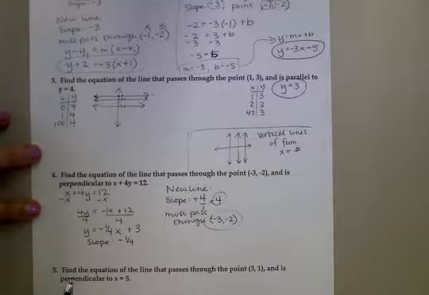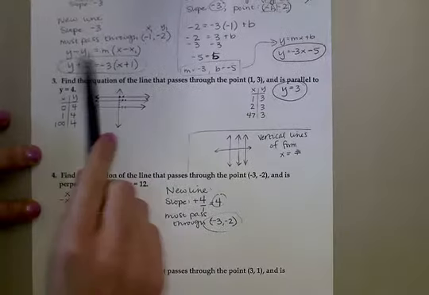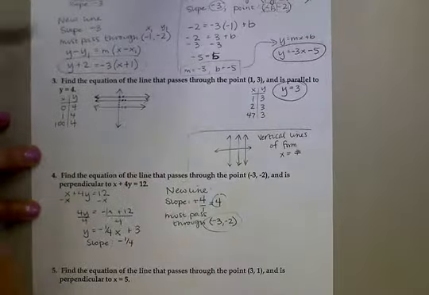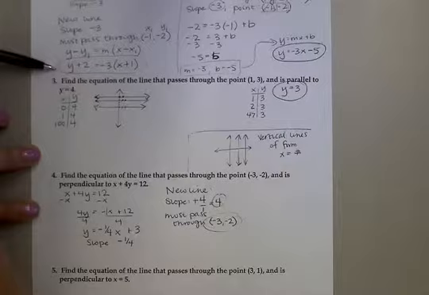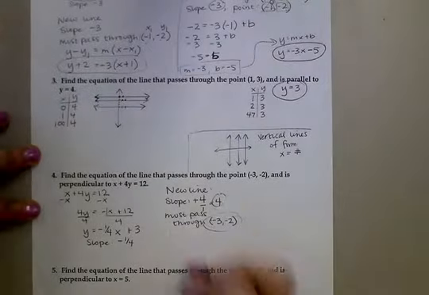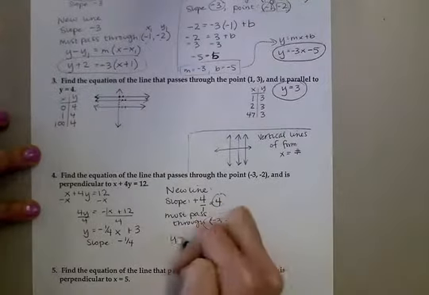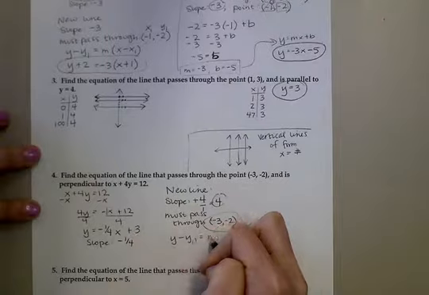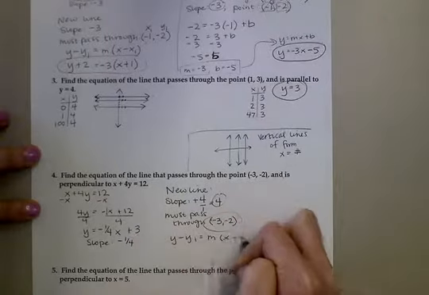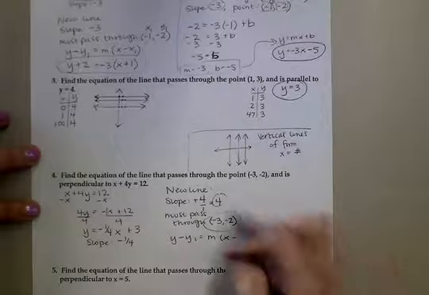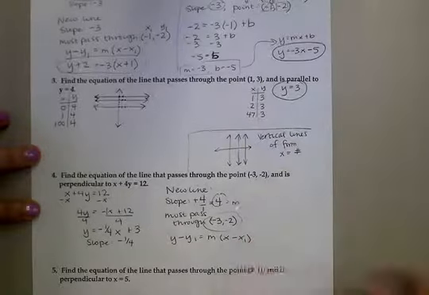So we have the new slope that we want, and we have the point that we want. We can use point-slope form, or we could use slope-intercept form, similar to the two ways we did up here. I'm going to do the point-slope form because it's faster for me. So remember, y minus y1 equals m times x minus x1. Our m is 4.